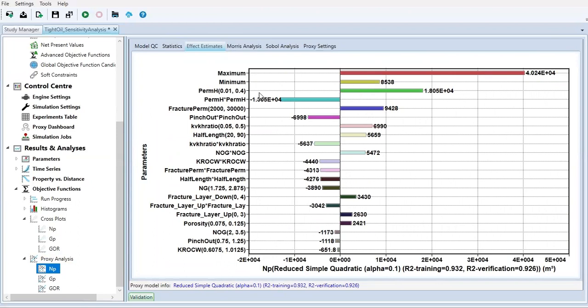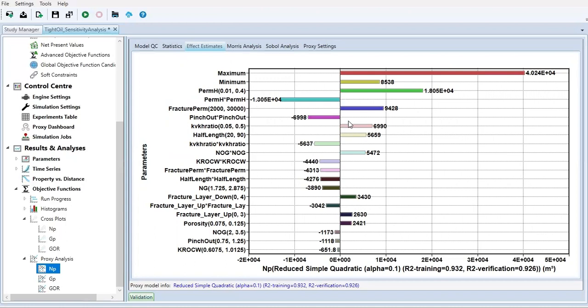Perm H indicates the longest bar horizontally. It means the most important parameter that will govern my cumulative oil production is the horizontal permeability. And it influences the cumulative oil production positively. So if you have greater horizontal permeability, generally you will get more oil.